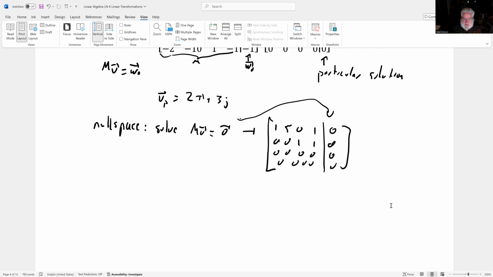And we think of this as being the coefficients of x1, x2, x3, x4. So the equations we get: x1 plus 5x2 plus x4 equals 0, and the second row becomes x3 plus x4 equals 0.